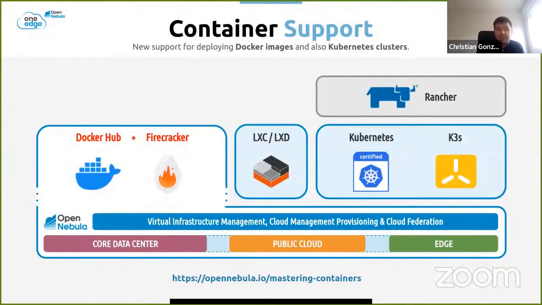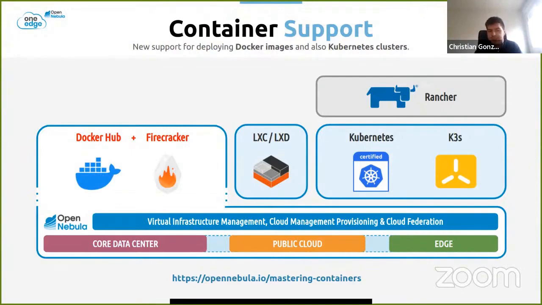So by adding this Docker Hub and Firecracker couple into the OpenNebula landscape, we support all the ways that you might run containerized deployments. We already have support for system containers with LXC or LXD, which we are deprecating now. We also have this Kubernetes appliance, which is certified, and this K3s appliance too.